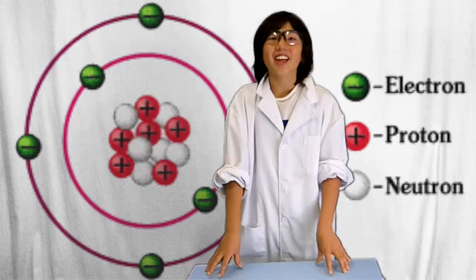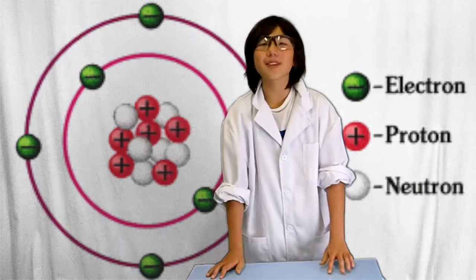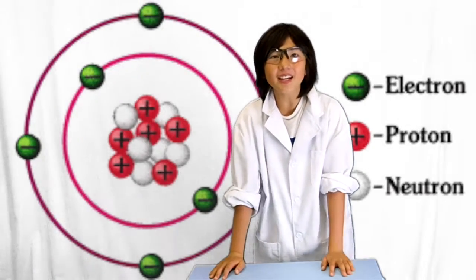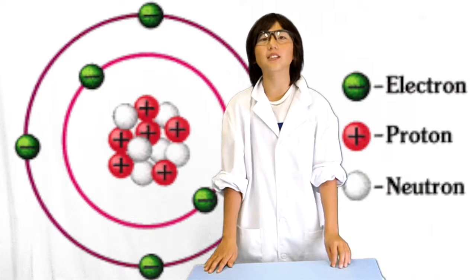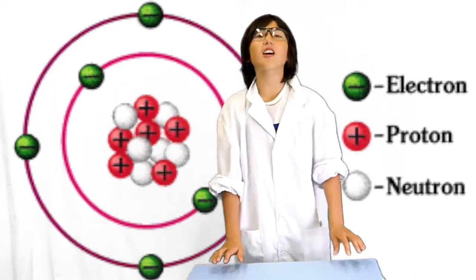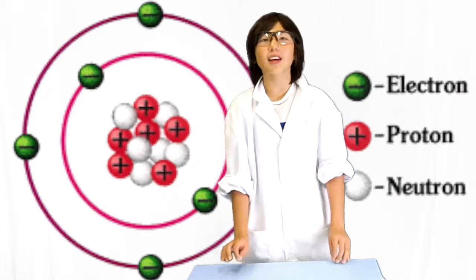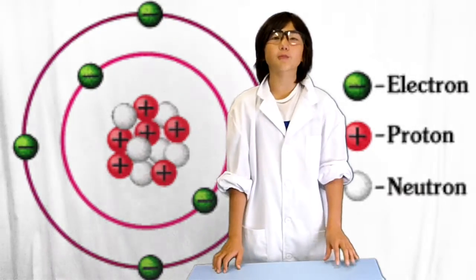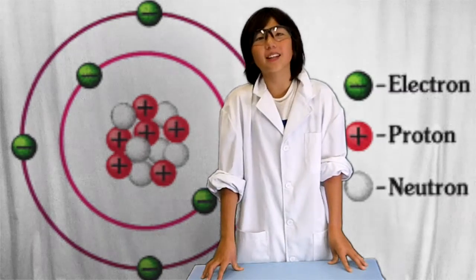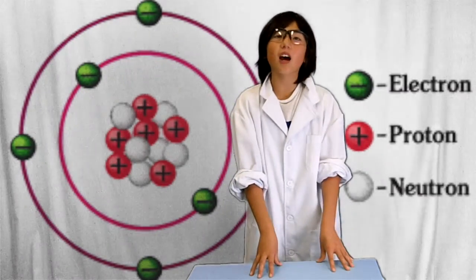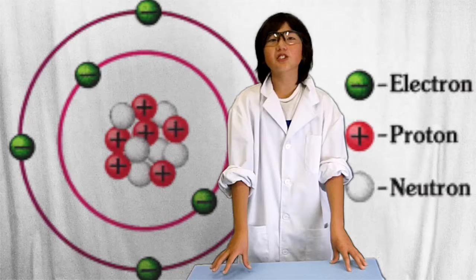So what are atoms made of? The center of an atom is a nucleus. Inside a nucleus are 2 tiny particles called protons and neutrons. Circling the nucleus are even smaller particles called electrons. The protons are positively charged, the electrons are negatively charged, and the neutrons have balanced charges.